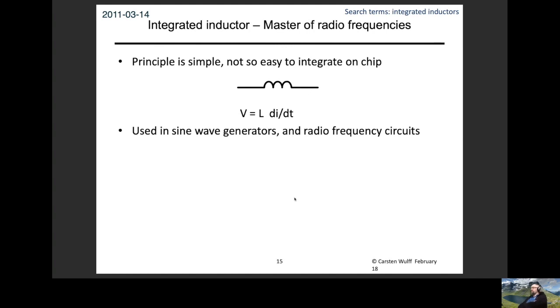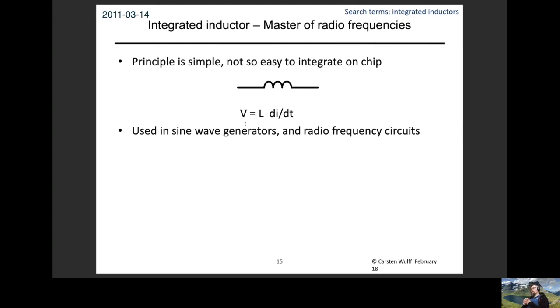But then inductors become very large. At high frequency, at 60 gigahertz, you can get them small, right? Because the inductance depends on the frequency, and how large you have to make them depends on that.